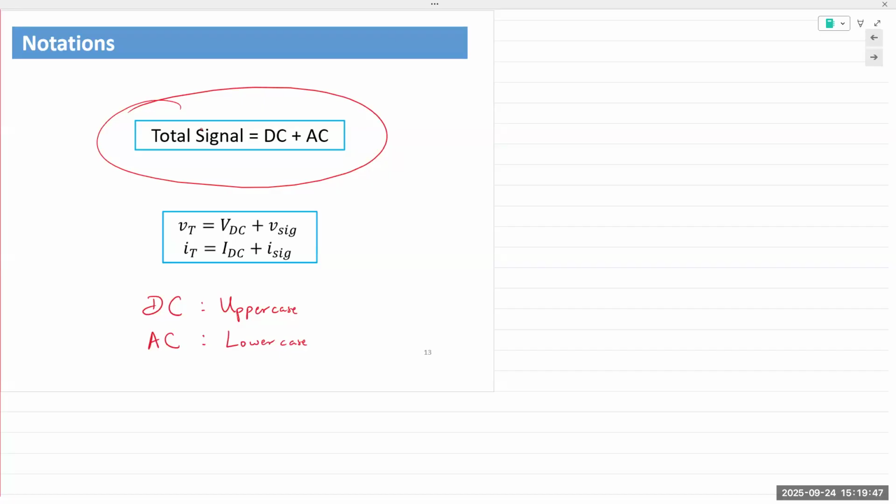And the way we represent it is the quantity itself is in lowercase, and then the subscript is uppercase. That indicates that the quantity is referring to both DC as well as AC values.